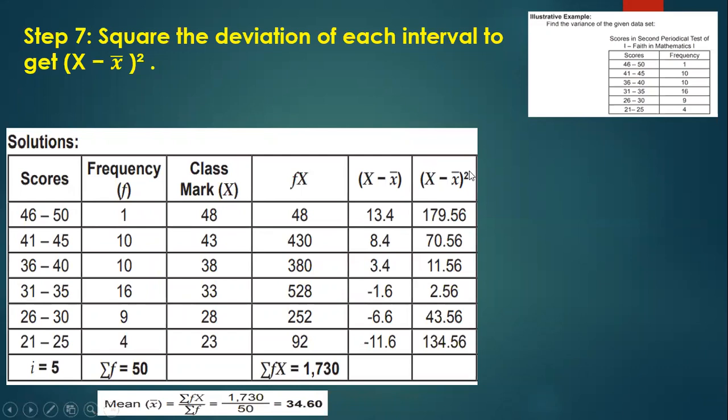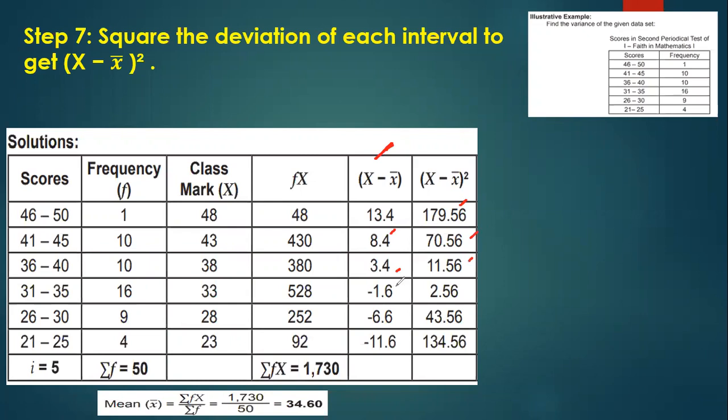Look at your x minus x bar, which is not yet squared. To get the squared x minus mean, just multiply 13.4 times 13.4, the answer is 179.56. 8.4 times 8.4, the answer is 70.56. 3.4 times 3.4, the answer is 11.56.